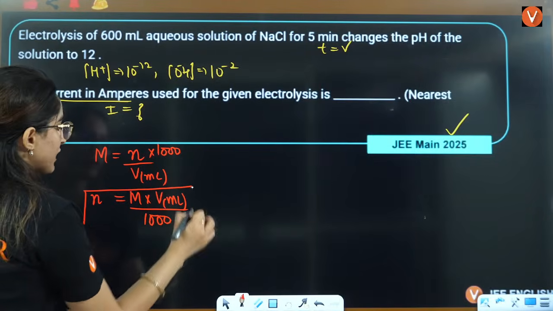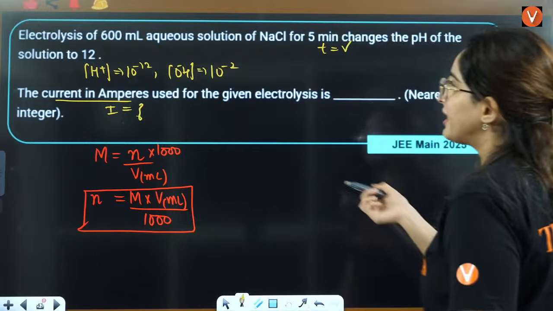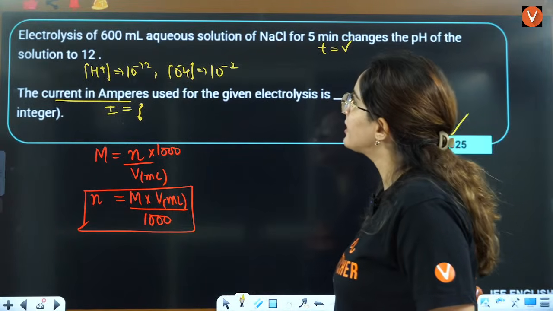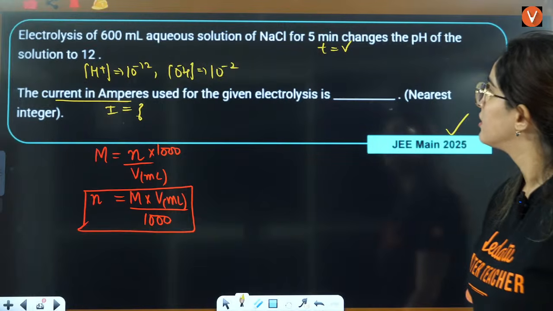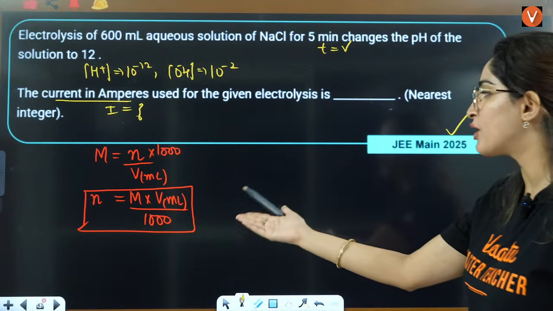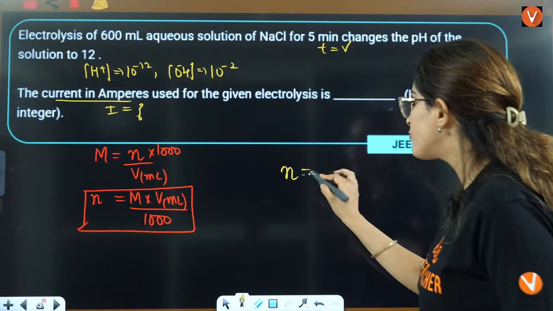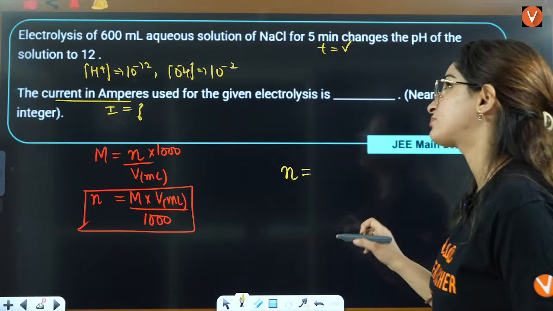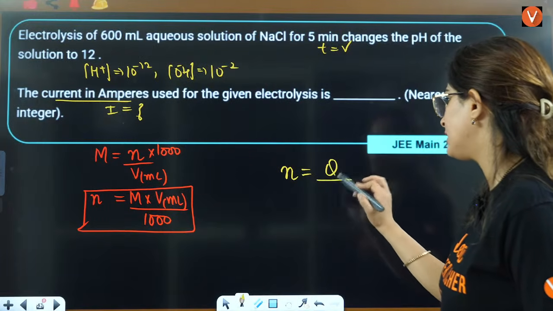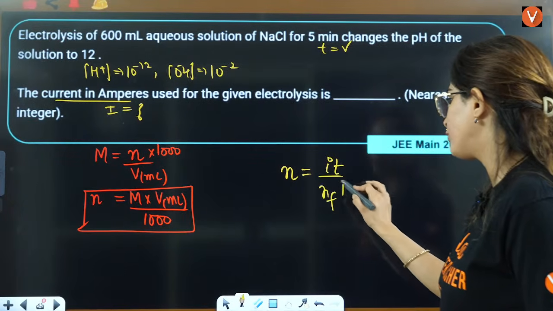Volume is given and molarity we have seen. You will just put in the values of molarity and volume here and calculate the number of moles. Number of moles is equal to Q by N factor into Faraday, or you can say IT divided by N factor into Faraday.